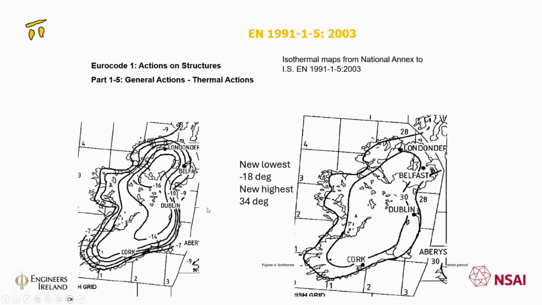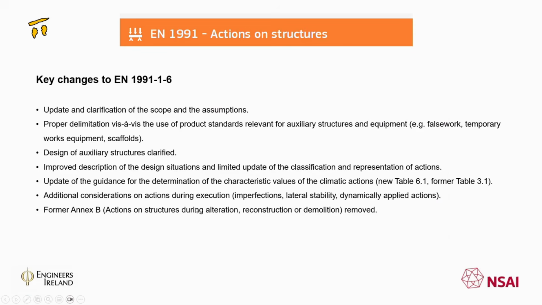In EN 1991 Part 1-6 is actions during execution. There's update and clarification of the scope of the document and the assumptions within the document. There's a reference to the use of product standards for auxiliary structures and equipment, e.g. false work, temporary works equipment, scaffold. So there's a lot of things, and relating that back into this.